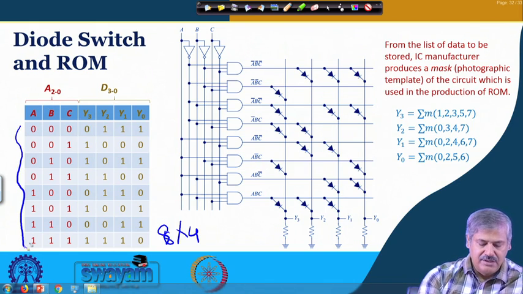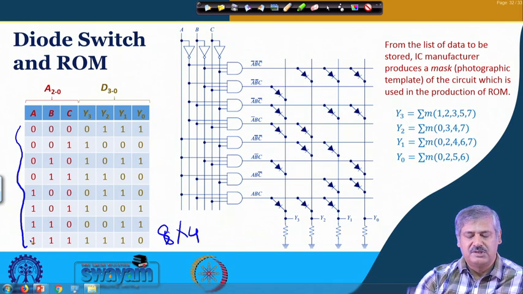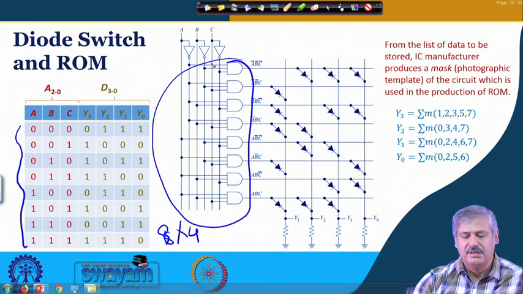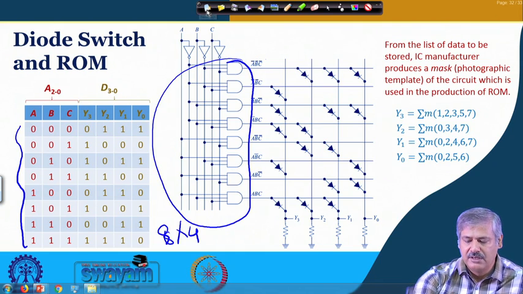So it is generating all 8 possible locations in the memory, right. So this is the decoder block over here, right. So the first one is A bar, B bar, C bar, second one is A bar, B bar, C, and this is the way that we have seen it before, right.